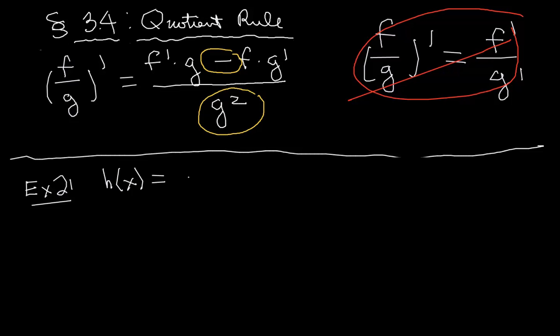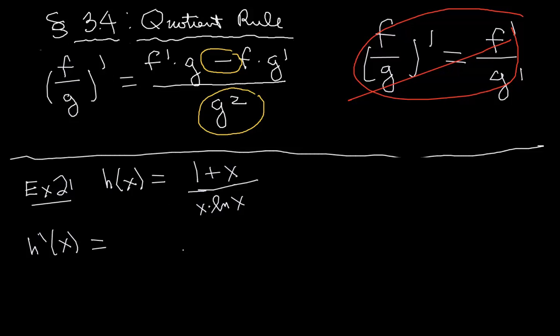Let h of x be 1 plus x divided by ln x. Obviously the top function is 1 plus x, and the bottom is ln x. In fact, let's put x ln x on the bottom, just so we can combine a product rule and a quotient rule together, and you'll see how this is going to work out.